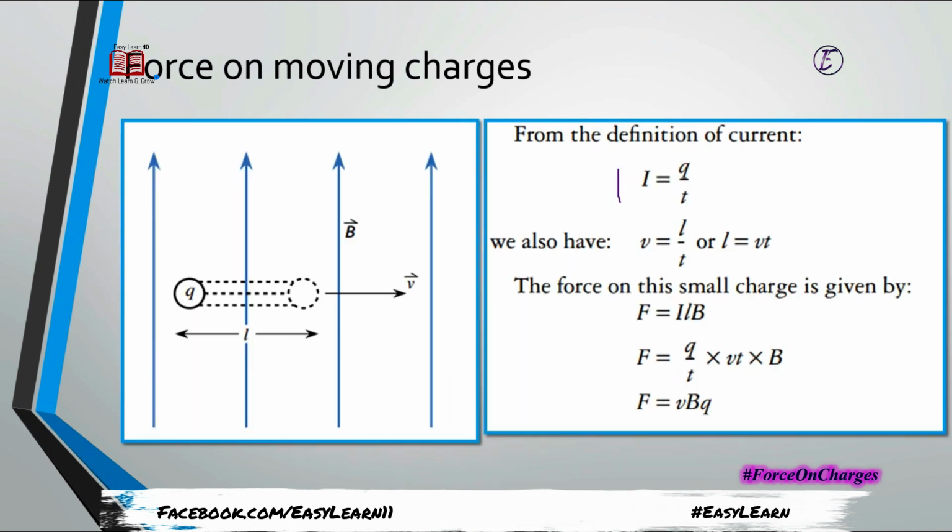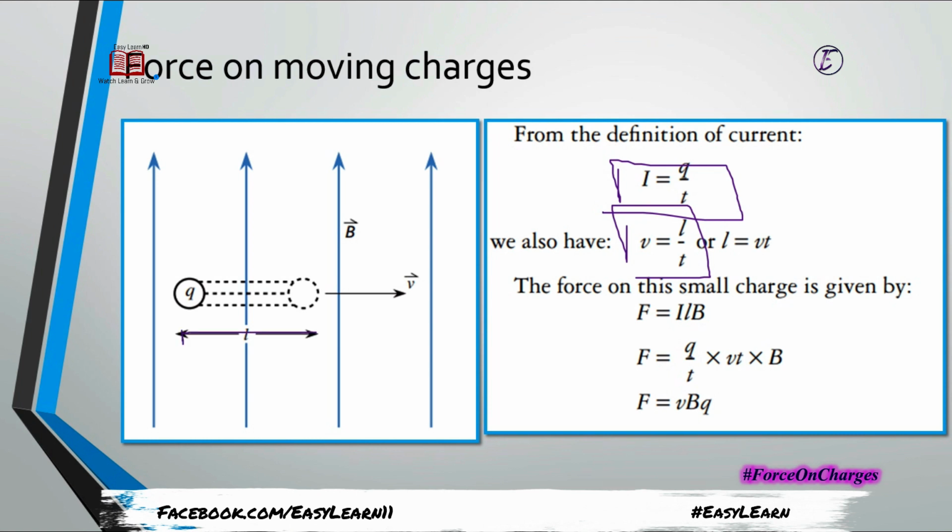From the definition, what is current? Current is the flow of charge, q, with respect to time. So I equals q by t. And what is the definition of velocity? Velocity is the distance covered by something, like a charge in our case, in unit time.